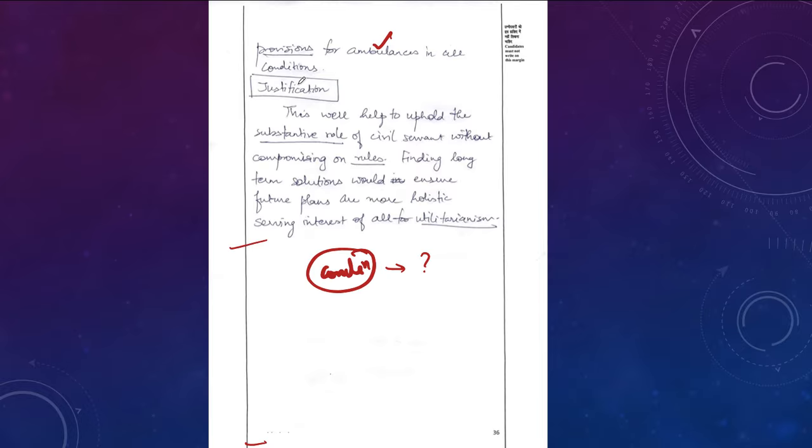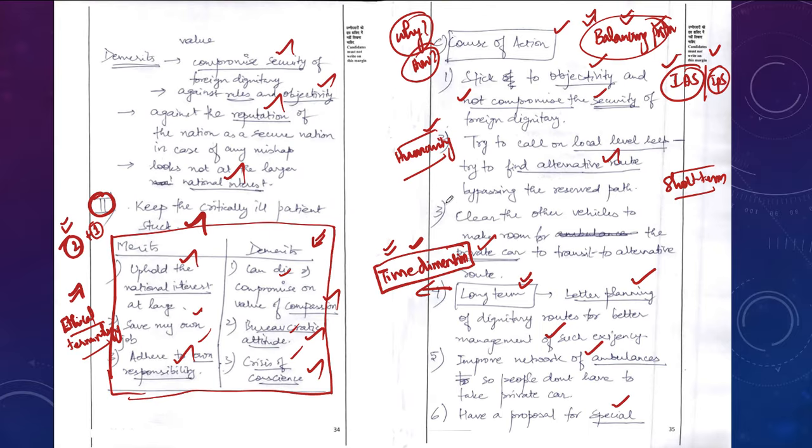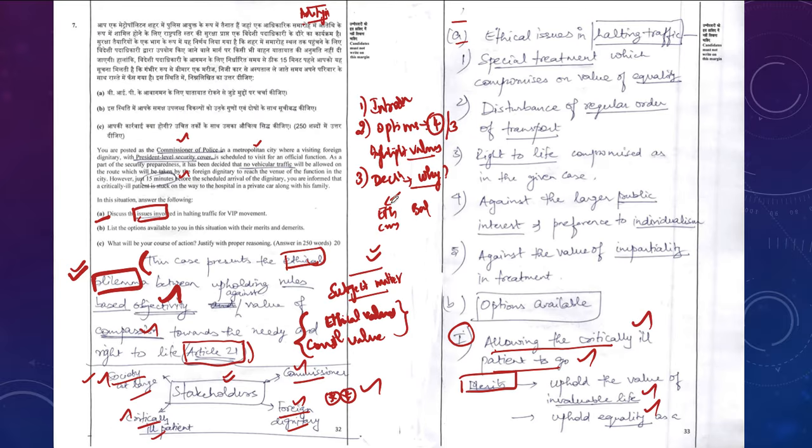Listen here students, when you look at Aditya Srivastava's answer copy, he has brought in the utilitarian principle. Not only that, he has also highlighted he will uphold the rules and regulations of the civil servant. So he has talked about rules and regulations, he has talked about moral thinkers. This also you can include when you are taking a decision.